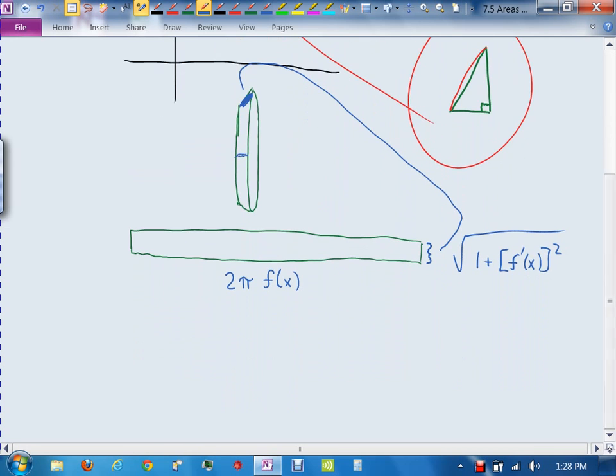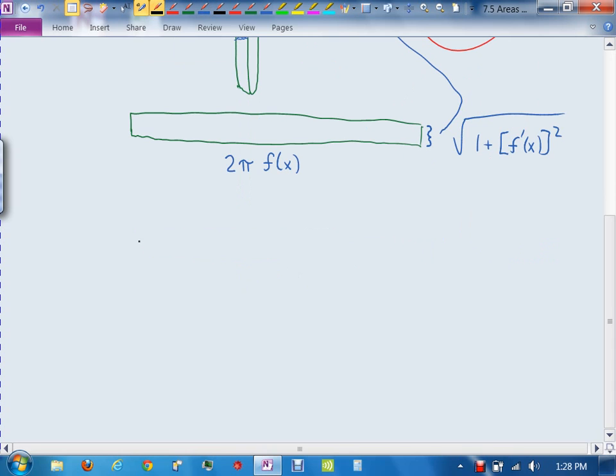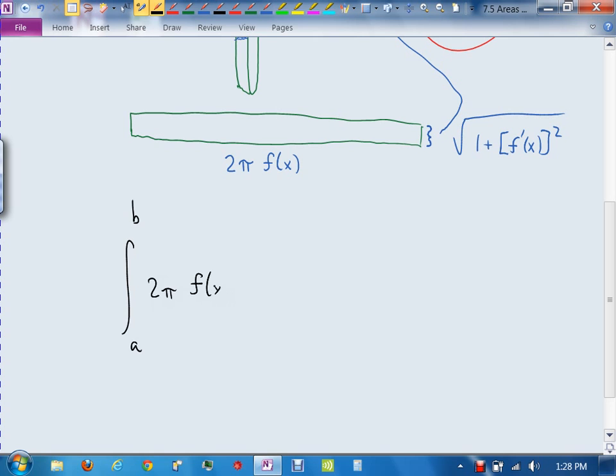So our formula would be, what do you think? Integral from a to b, 2 pi f of x times the square root of 1 plus f prime x squared dx. That formula should look extremely familiar to us, right? There's only one thing different between that and arc length.